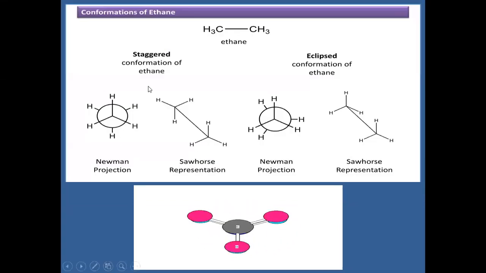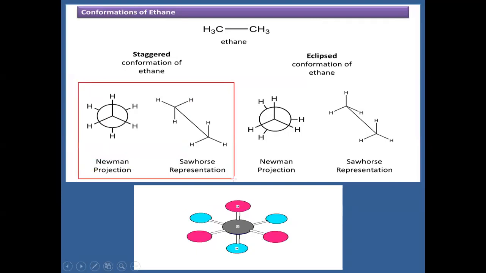One is the eclipse conformation where everything is hidden, meaning the front hydrogen hides the back hydrogen. So these are the staggered conformations, and these are the eclipse conformations.